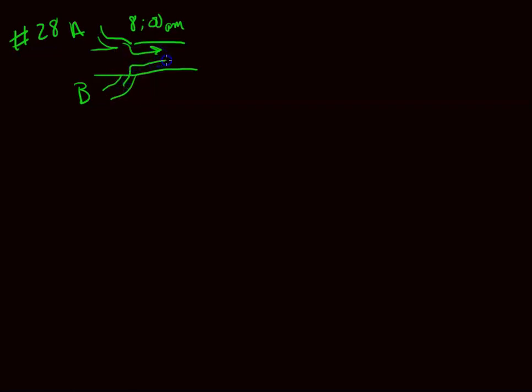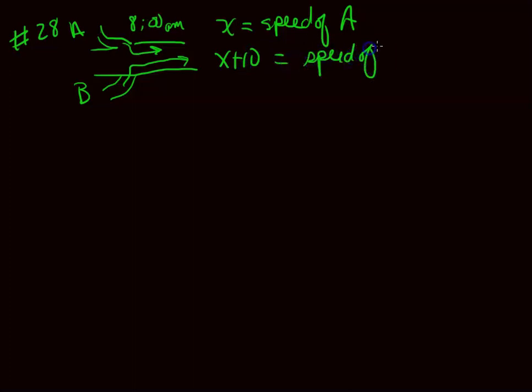Car B is also going down here, but it's going faster. Let's see, what do we want to let X stand for? So X will be the speed or rate of A. And X plus 10, because it's going faster, is the speed of B.